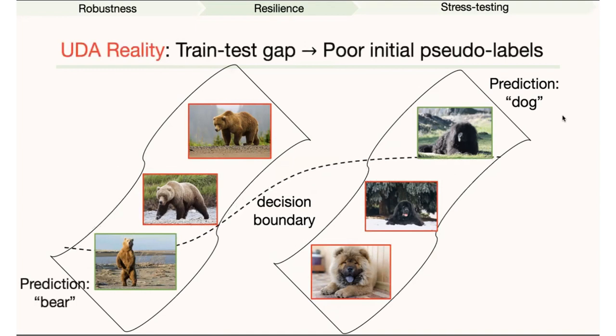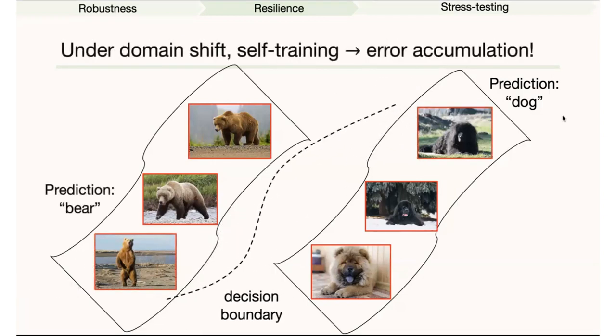But in reality, in unsupervised domain adaptation, because of the train-test gap, a lot of your initial pseudo labels are actually pretty bad. And you're more in this case where you're making more mistakes than you're getting right. And if you were to retrain, you'll end up with catastrophic error accumulation. You'll end up getting everything wrong.